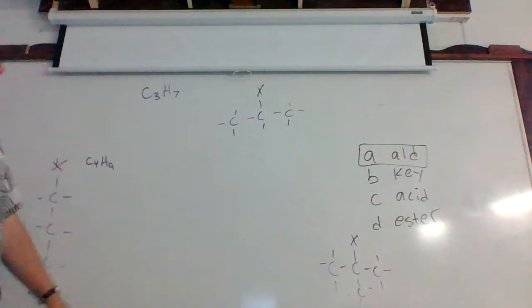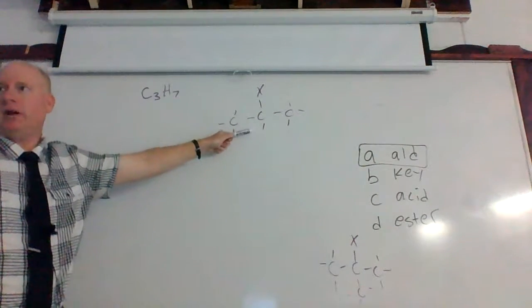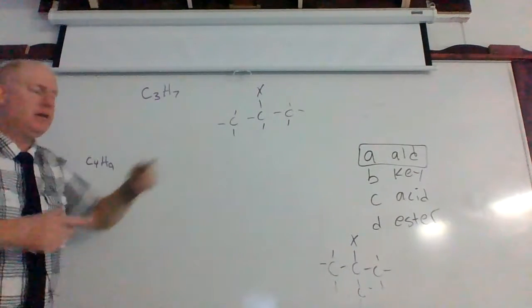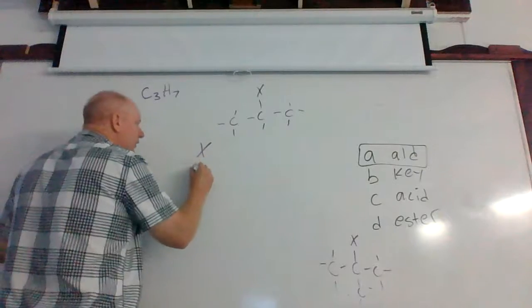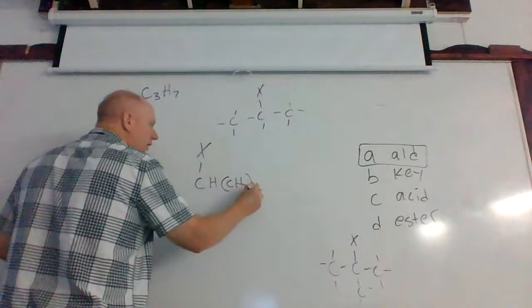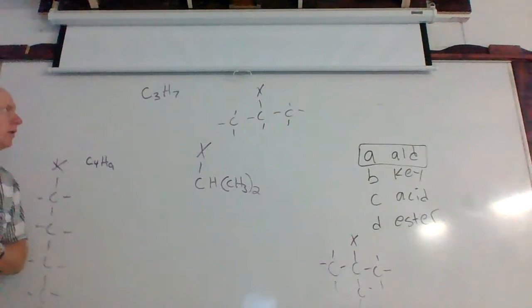Yeah, that's still C3H7, but you can't say that this is a propyl group. You have to see the structure. But that's not always how it's written. Sometimes you've noticed it's written like this. This could be a condensed formula for an isopropyl group.